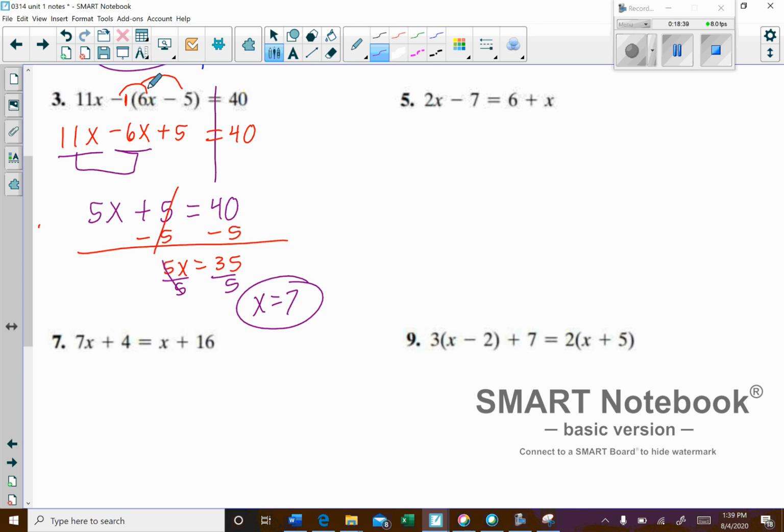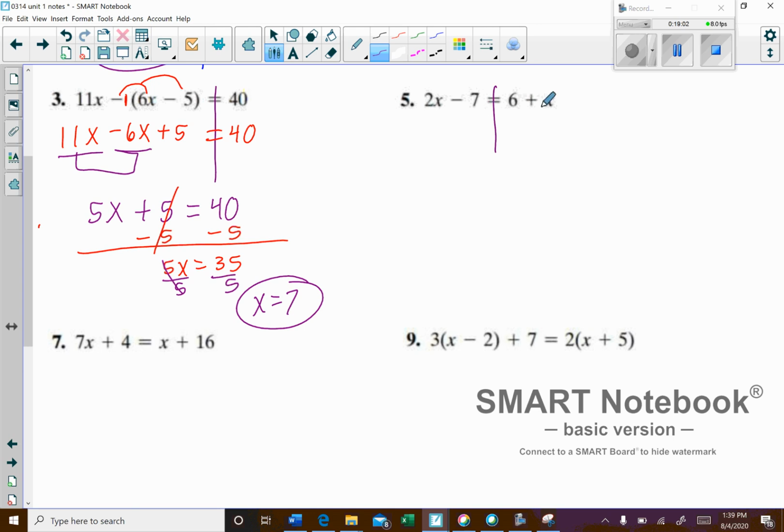Okay. So on number 5 right here, I've got 2 times x, take away 7, is equivalent to 6 plus x. So x is our unknown variable, right? So I have 2 of them on the left side. I have 1 of them on the right side. So I either need to, I could subtract 2x from both sides. Okay, that would be fine.